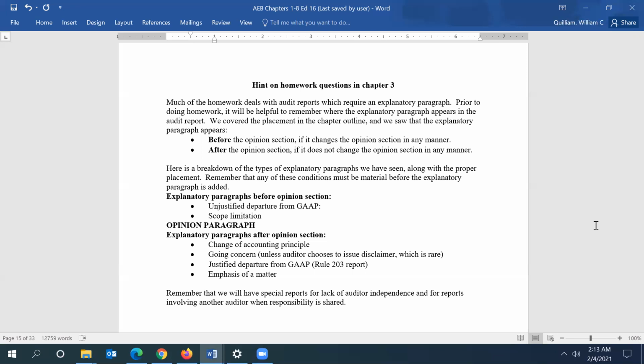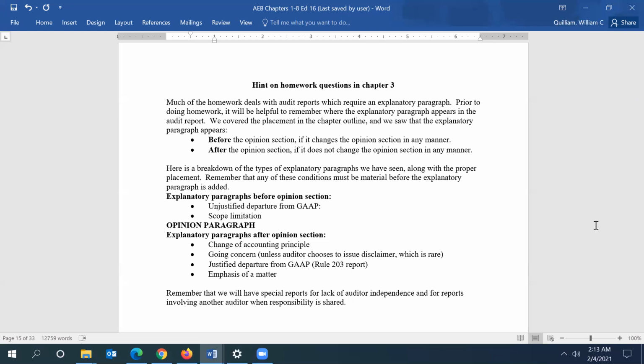So here's the breakdown of the types of explanatory paragraphs we've seen along with proper placement. And we remember any of these conditions must be material before the explanatory paragraph is added. If immaterial, we don't worry about them, quite frankly. We skip over immaterial items because it's not worth trying to investigate them and hold up the audit and incur more audit expense.